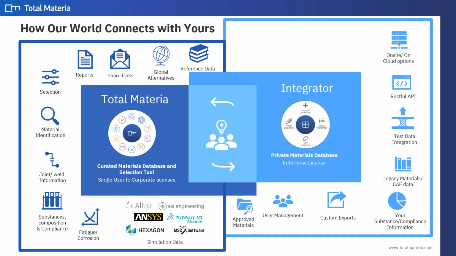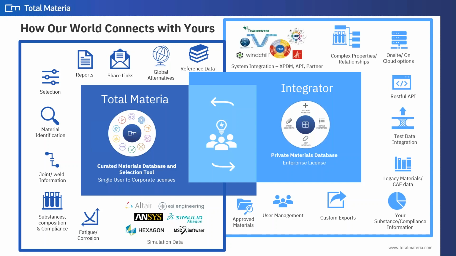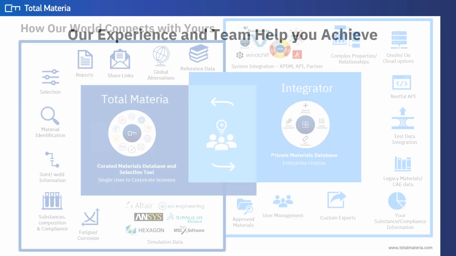We also have an on-site and on-cloud option, complex properties, and we could integrate with other systems, not system rather, XPDM format, different PLMs like Windchill, 3D Experience. So you're able to really integrate your private materials database with different systems in the organization.